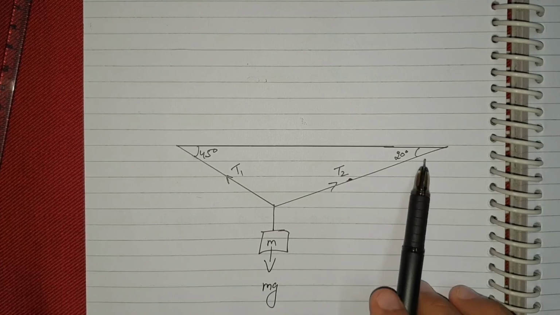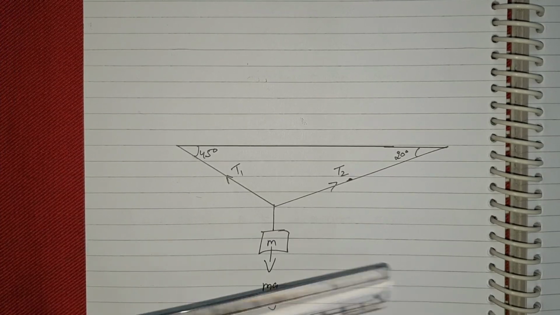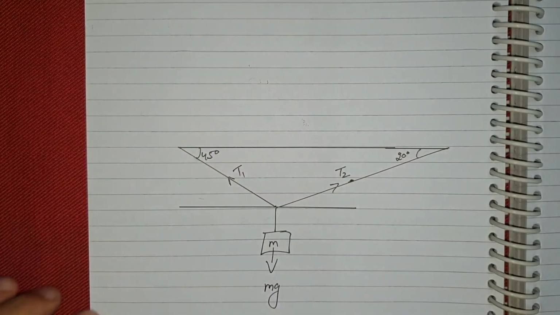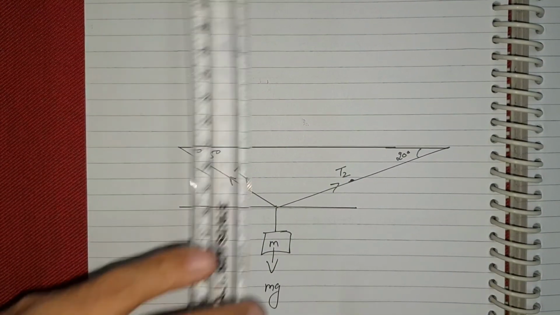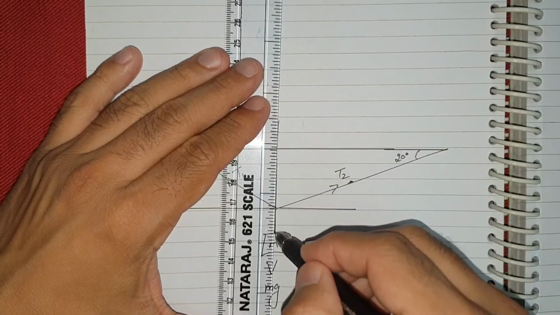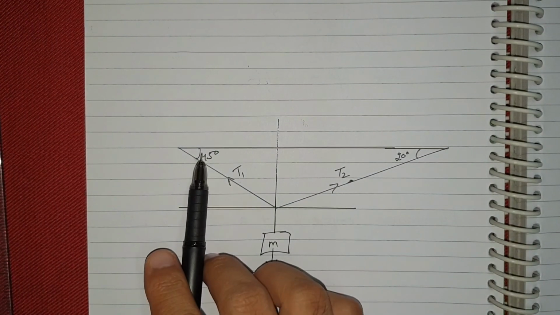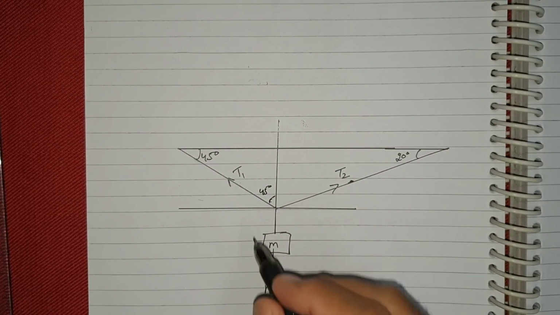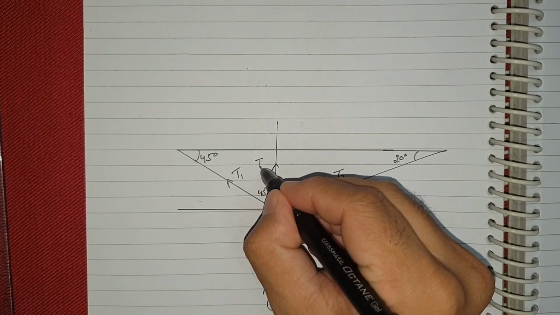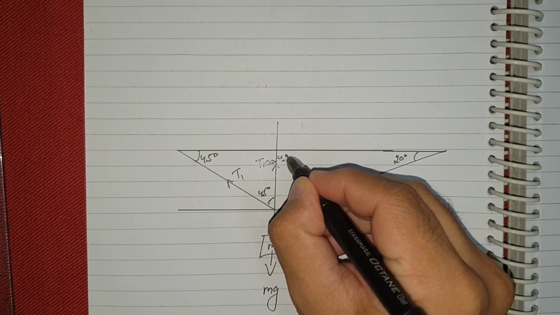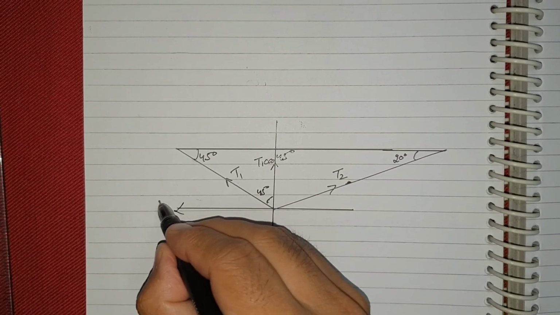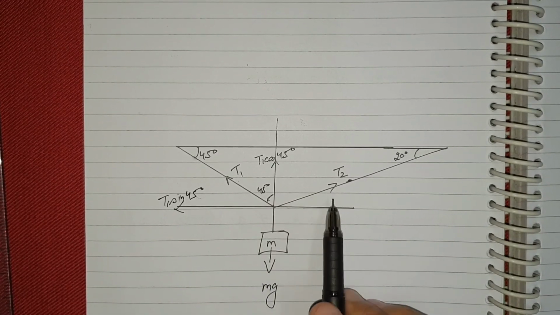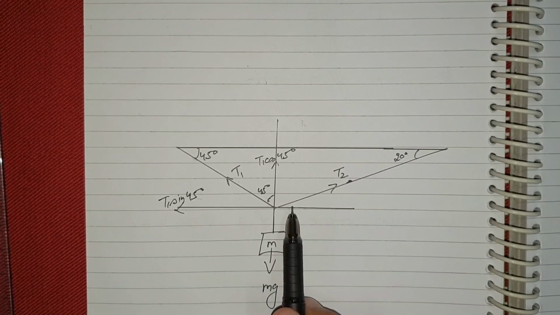This makes an angle 45 degrees, and this 20 degrees. Now for the rectangular components, for T1 this is 45, this is 45. So the components will be T1 cos 45 degrees and T1 sin 45 degrees.